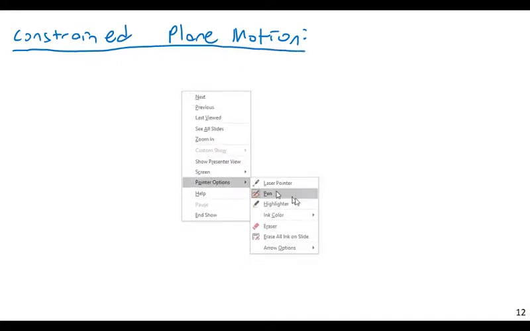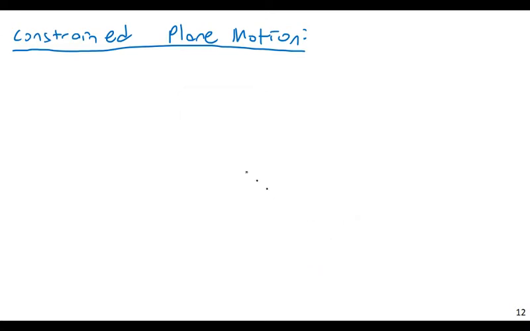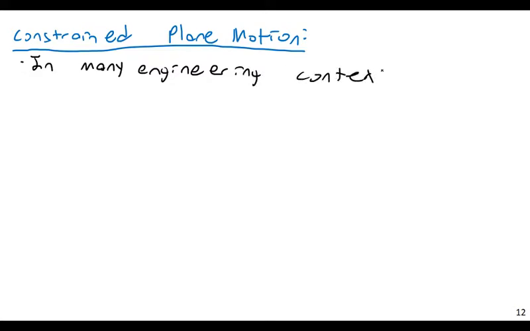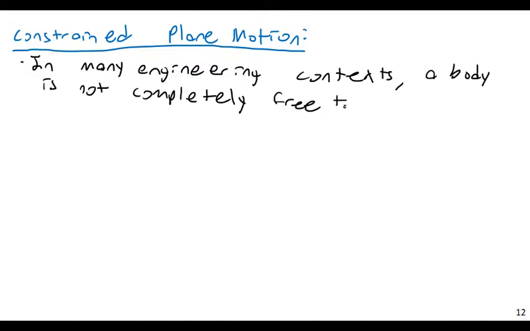So what this means is, in most engineering applications, an object is not simply free to rotate or move however it wishes. In many engineering contexts, a body is not completely free to move as it would.